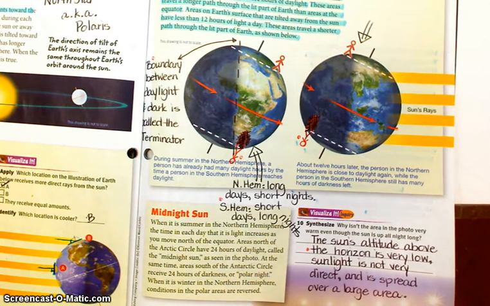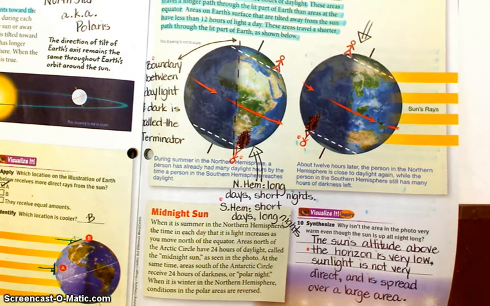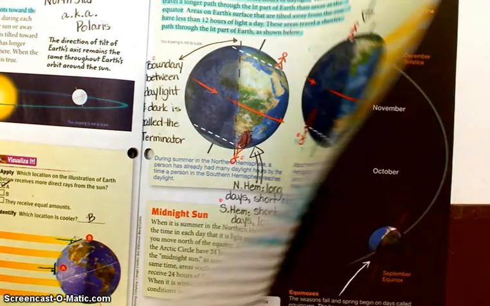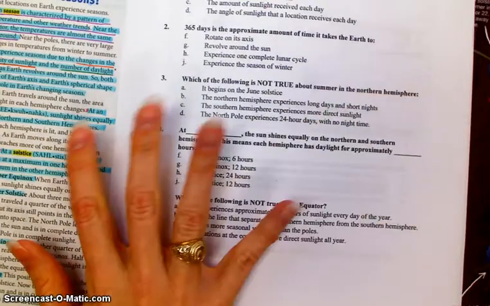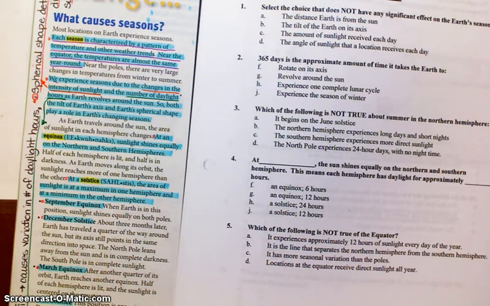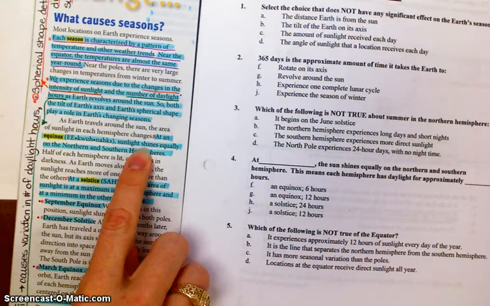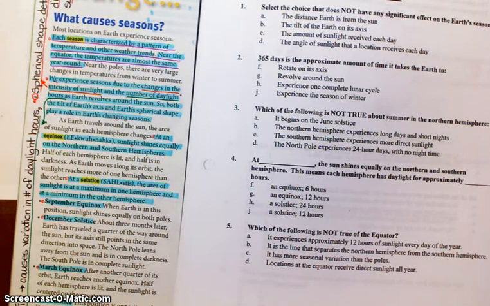At blank, the sun shines equally on the Northern and Southern Hemispheres. This means that each hemisphere has daylight for approximately how many hours? On page 230, it talks about your equinoxes and your solstices. At an equinox, the sunlight shines equally on the northern and southern hemispheres, and everybody pretty much experiences 12 hours of daylight and 12 hours of darkness.